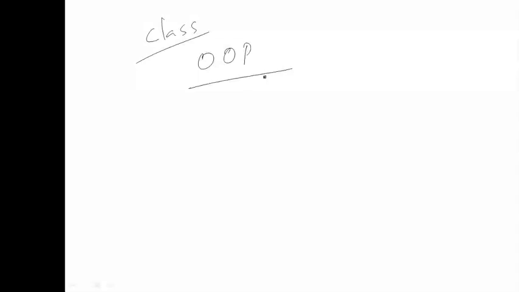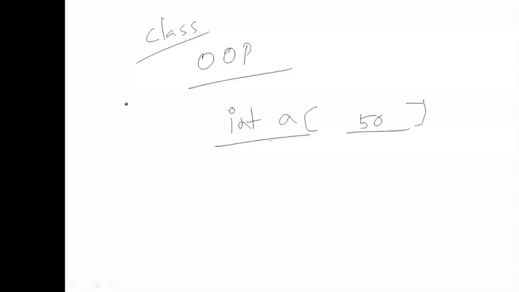Derived data types: arrays, functions. What is an array? An array is a collection of similar data types. I'm not discussing them in detail because they are already discussed in C, and I have videos where I have discussed array, different types of data types, and pointers.